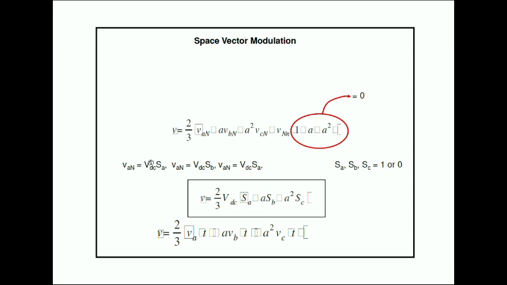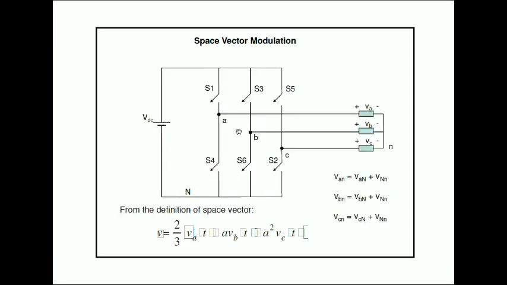Now VAN will be there when this switch is active. VAN is equal to VDC. When the switch is closed, VAN will be equal to VDC, since VNN is equal to 0, as VNN is already taken out of the equation.